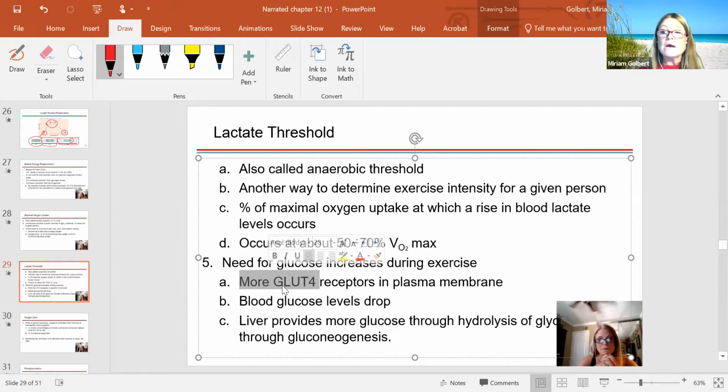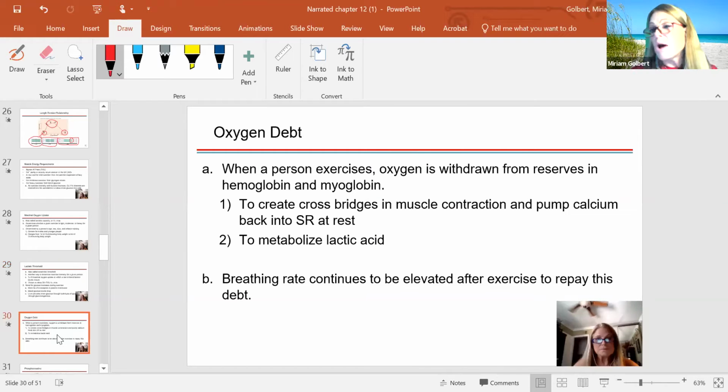And GLUT4 are the ones that are going to be taking glucose into the cells, right? So that we can use it with our oxygen and do our aerobic cellular respiration. So we want aerobic cellular respiration because, having oxygen, we can make more ATP. That's pretty easy to understand, right?